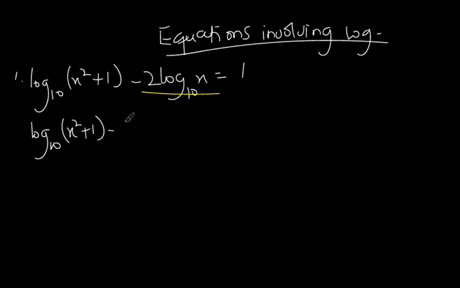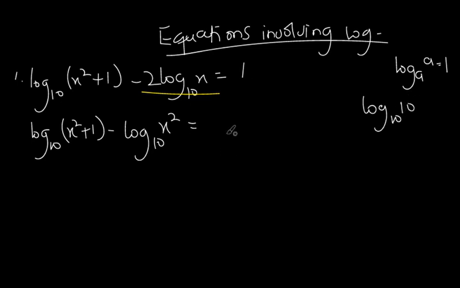So we have minus log base 10 x square is equal to, now remember I told you, if we have log a a is equal to 1, because we have 1 over here, and the base we are working with is 10, we can assume that the 1 over here is not just any ordinary 1, it is what? Log base 10 10. So in place of 1 over here we are going to have log base 10 10. Now beautiful. So now that we have this, we need to take note of something.